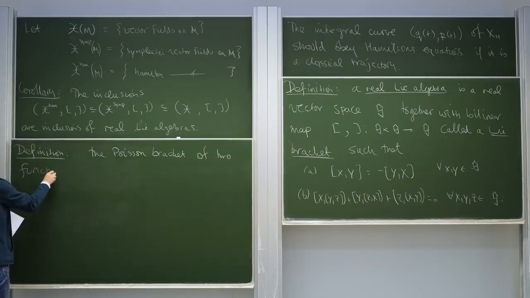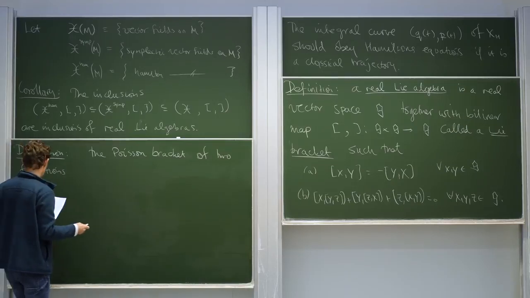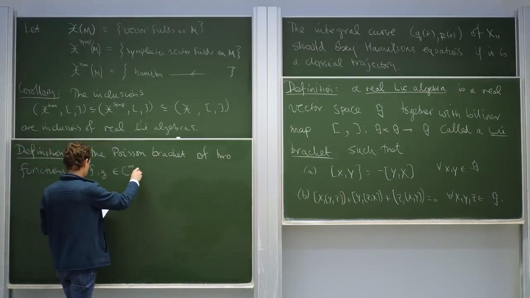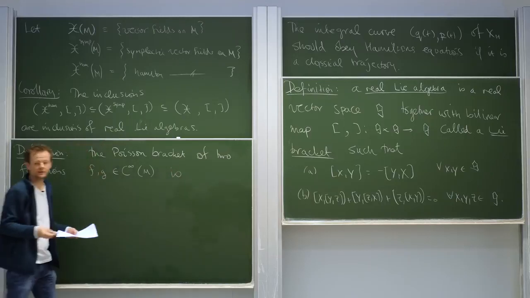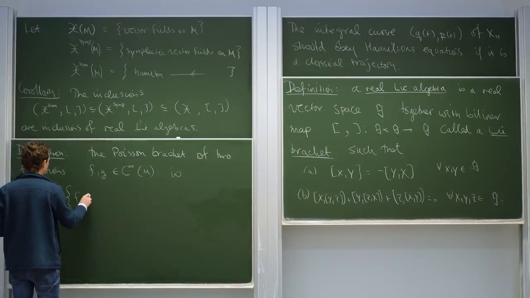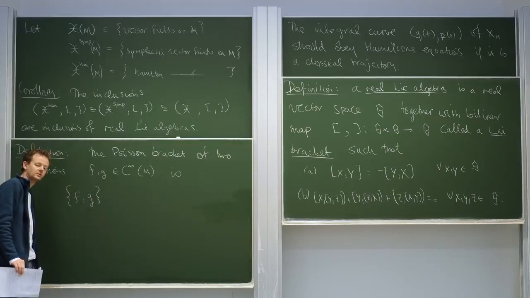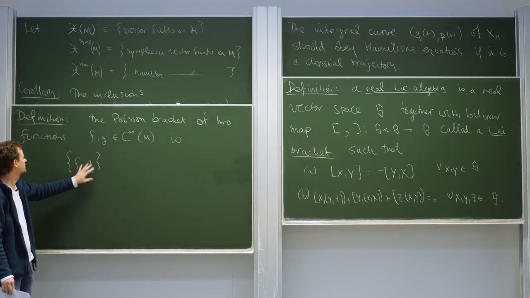If you think back to the Poisson bracket of normal classical mechanics, it's an operation which takes two functions on phase space and gives you a function. And we have now at hand an operation which would do this. We're going to denote our generalization with the same notation as in classical mechanics. It takes two smooth functions on the manifold and produces a function.